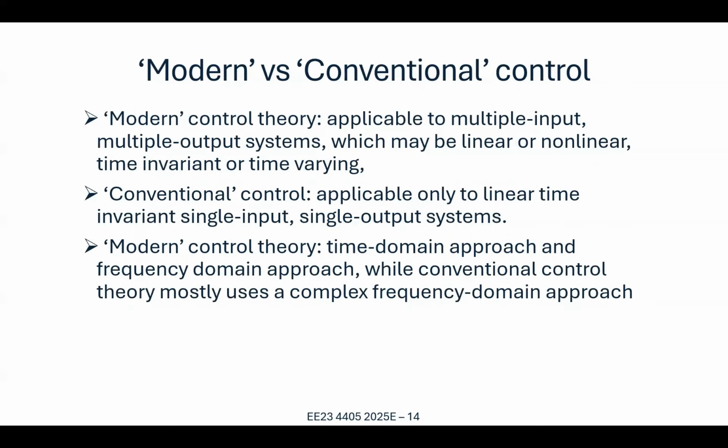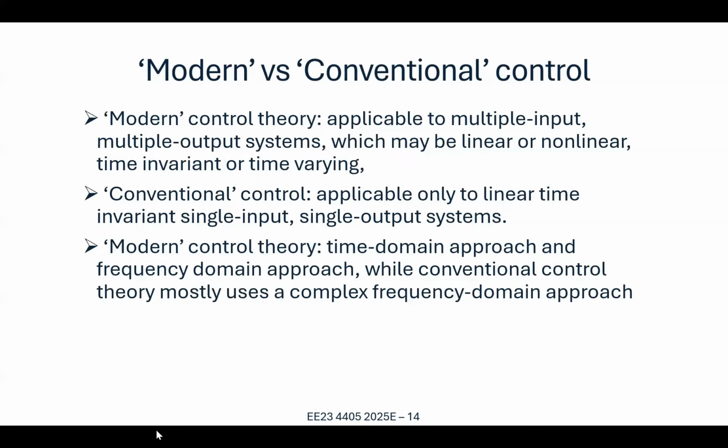So modern control theory is now applicable to multiple input and multiple output systems, which may be linear or non-linear, time invariant or time varying. On the other hand, conventional control is applicable only to linear time invariant, single input, single output systems.